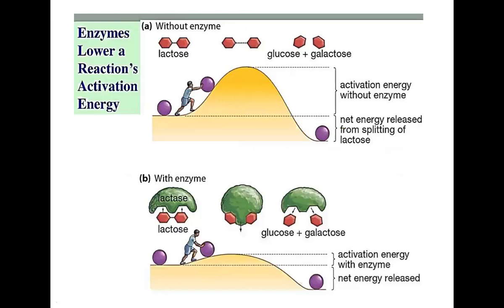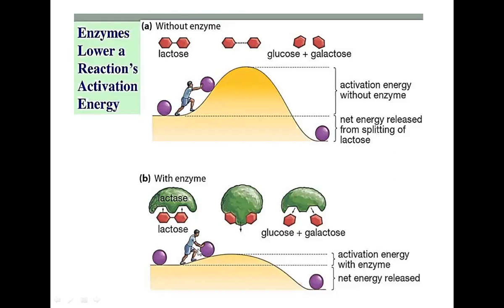Now here we can see that the enzyme lowers the reaction's activation energy. Suppose without enzyme, this man is carrying a big, heavy particle. So without any type of enzyme, he needs to move more. The activation energy is more, right?